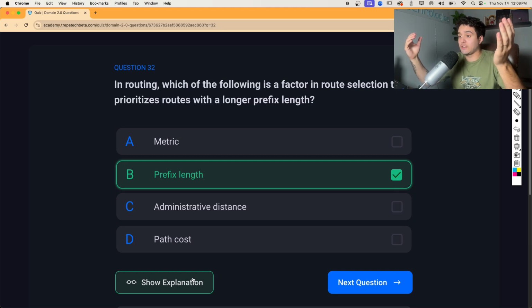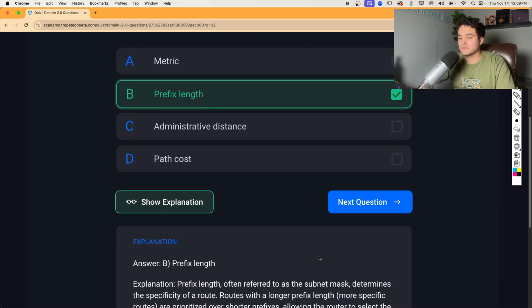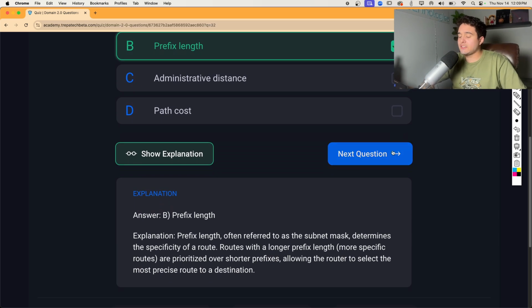The longest prefix length, meaning if a destination IP falls within a route that has a higher subnet mask, meaning more network bits in the subnet mask, /24 versus /27, and the destination IP falls within both those network ranges, it's choosing the /27 because it has a longer prefix. And then if all prefix lengths are the same, it chooses AD as the best path. If all the ADs are the same and the prefix lengths are the same, then it goes over the metric, the lowest metric or cost. Go ahead and pause the video if you'd like to read the explanation.